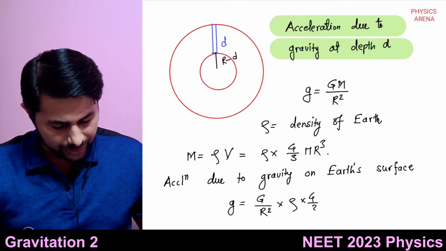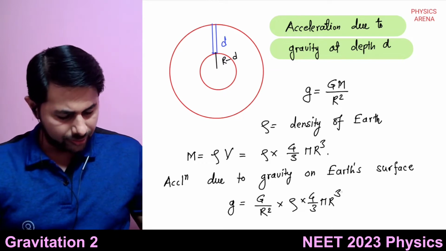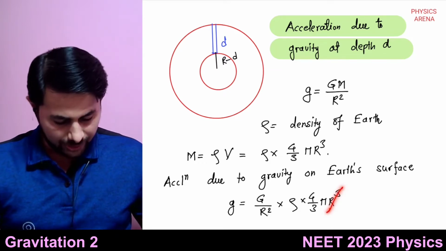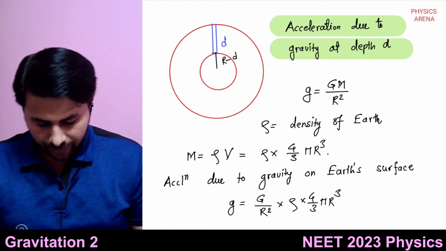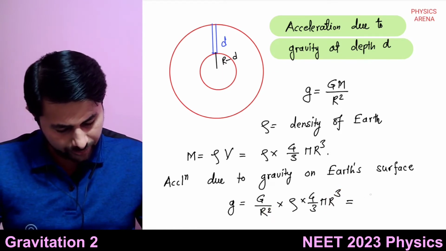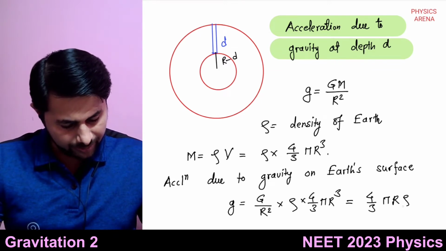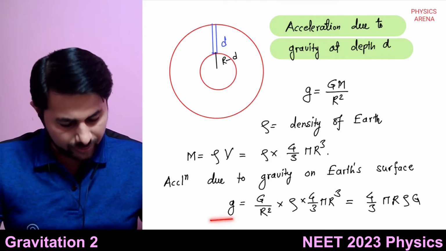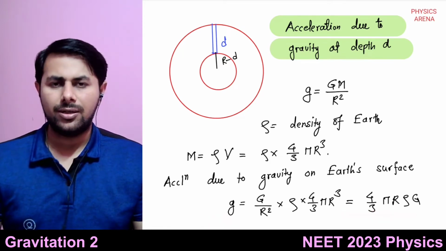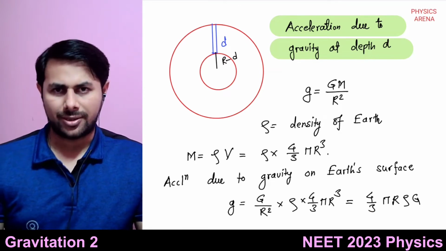Here you can divide this r cube by r raised to 2, so r will be left. Therefore we get 4 by 3 pi multiplied by r multiplied by rho multiplied by capital G. So this is the formula for acceleration due to gravity in terms of the mean density, the average density of Earth.